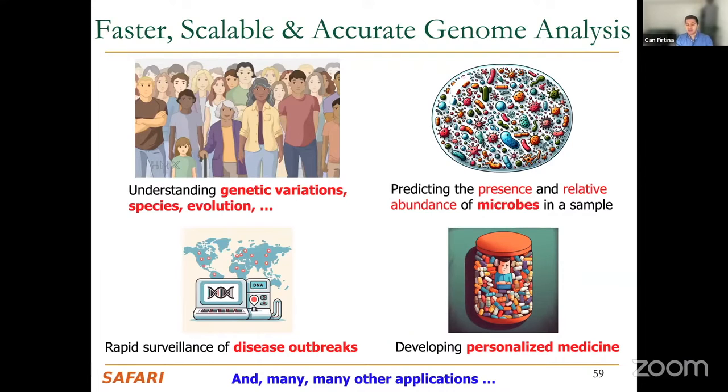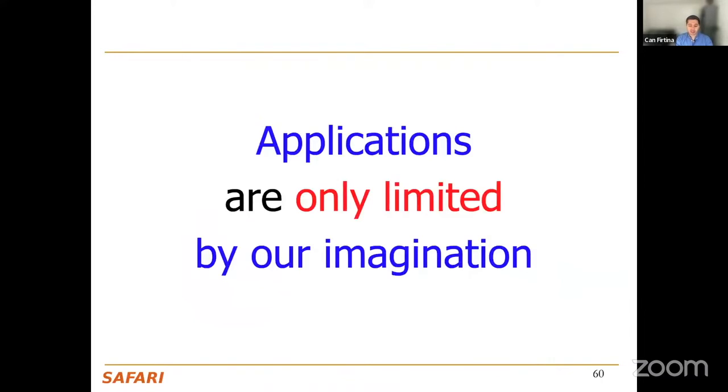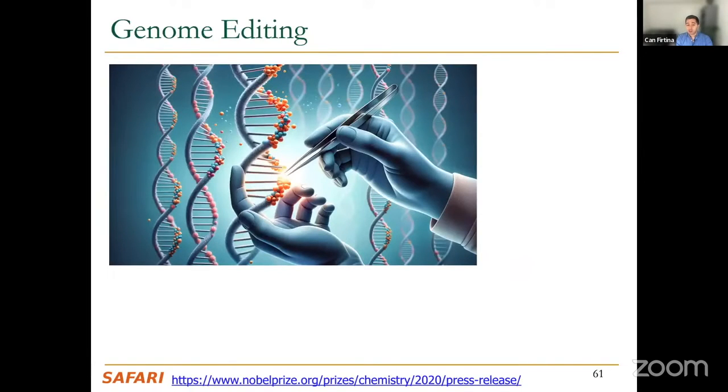And this is not even true for just genome analysis. This is true for many, many applications. And I guess the applications are only limited by our imagination right now. So for example, genome editing.